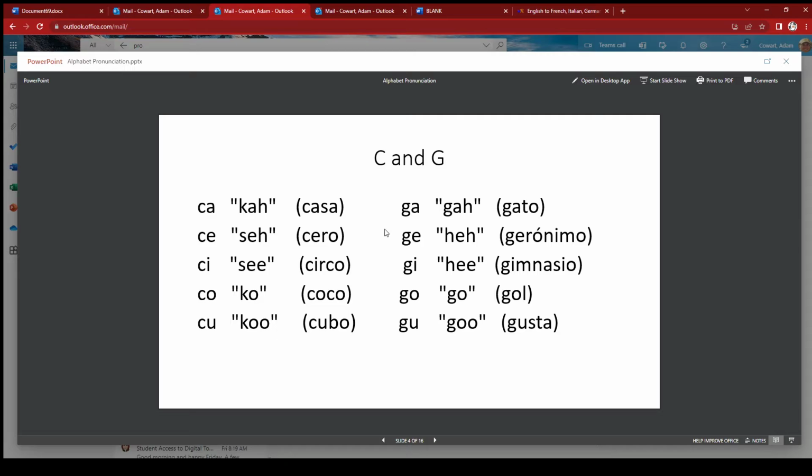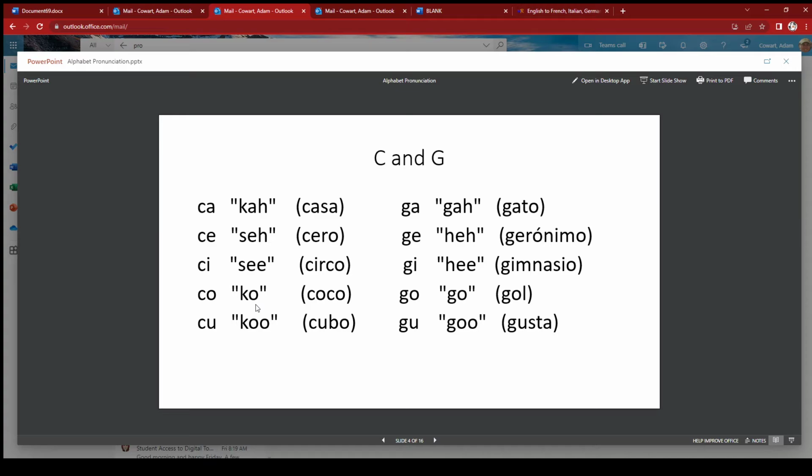The C and the G are tricky because they change according to what vowel is right next to it. Okay? So here we go. CA goes ka, as in casa. CE goes se, as in cero. CI goes si, as in circo.